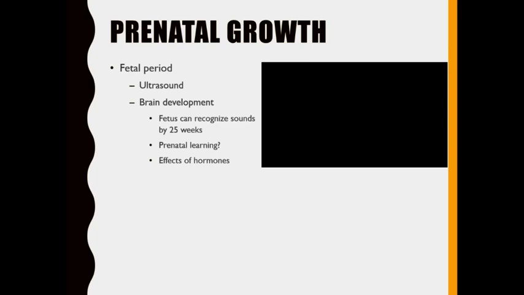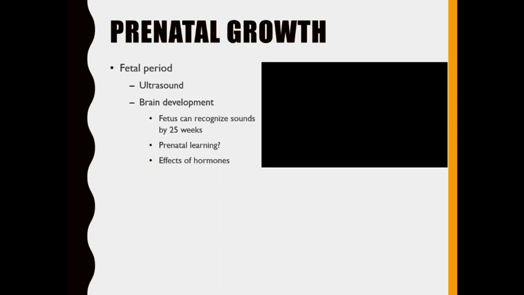So in the male who gets that burst of testosterone at the critical period for brain development, you will end up with, for example, a larger amygdala, which is the structure that determines our feelings of aggression or fear. In an XY carrying person who's gotten that burst of testosterone, it tends to be larger. And that may be associated with higher rates of aggression. And we're going to talk about that later when we get to childhood.